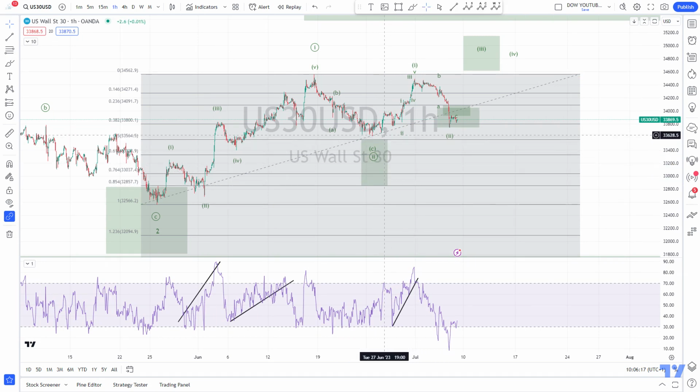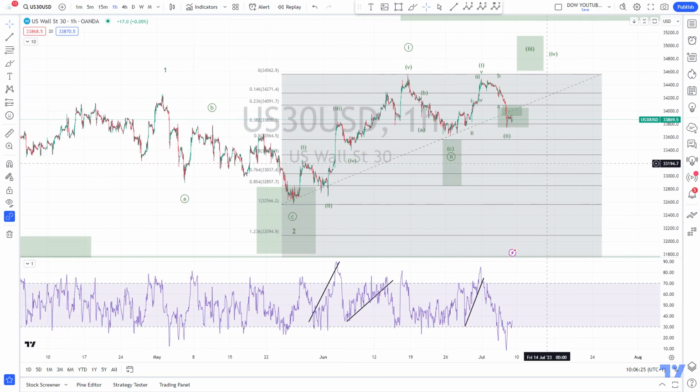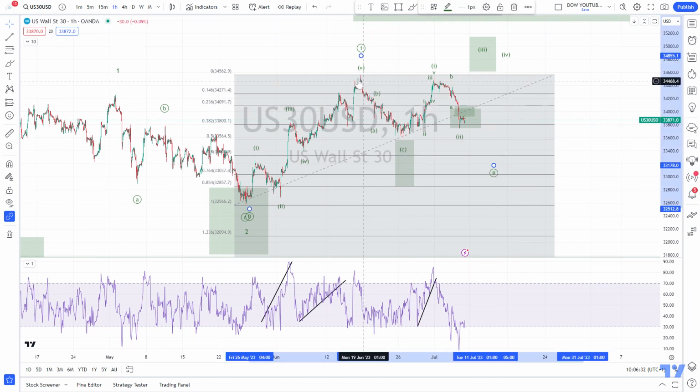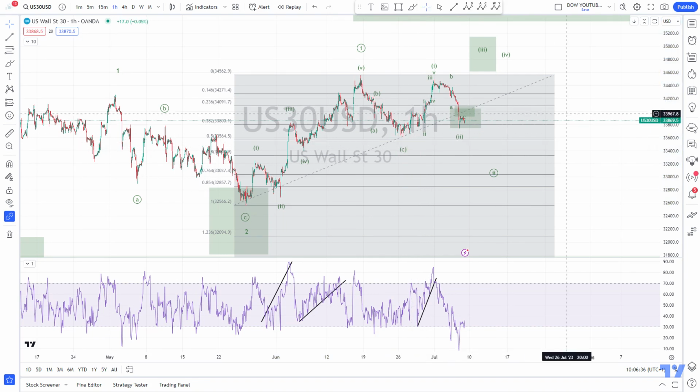Here we almost reached the 0.5, but as a wave 2, I really prefer to go deeper into this area. So if this is not a wave 2, it could be that our wave 2 is still ongoing, and that this is an ABC structure which is playing out.